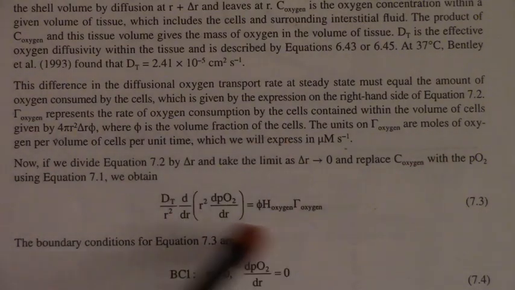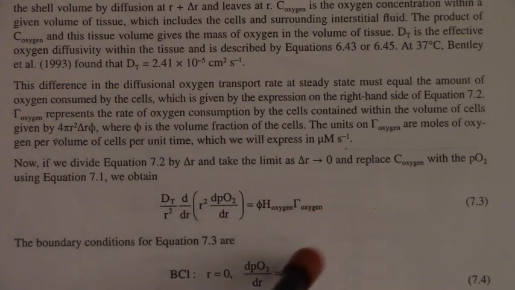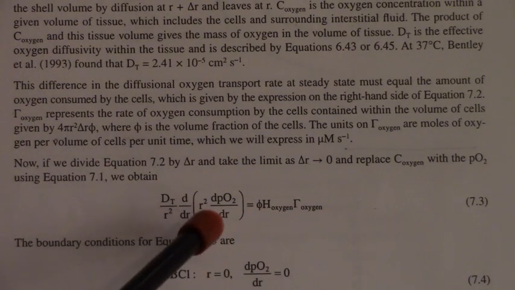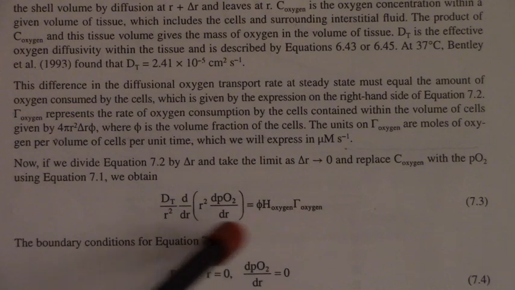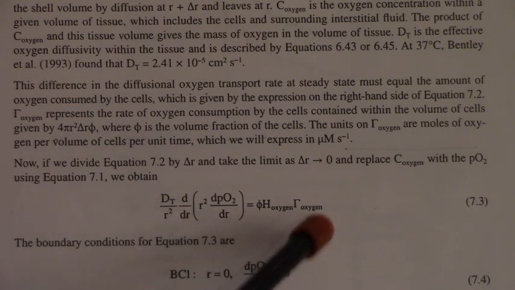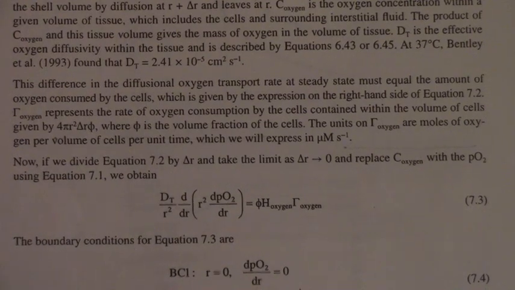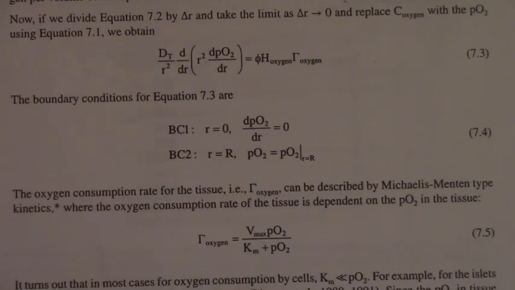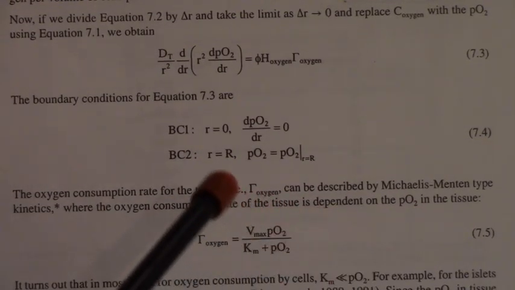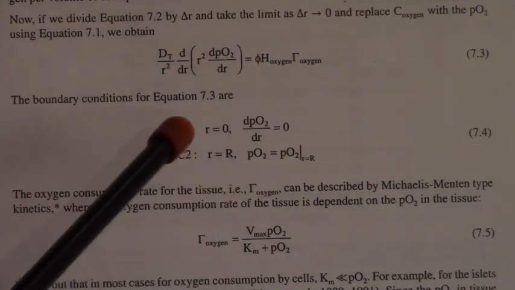And when you do all of that, you end up with equation 7.3, which then describes the diffusion and reaction of oxygen through a spherical volume of cells. In order to solve this second order differential equation, we would need a couple of boundary conditions. We need two boundary conditions.